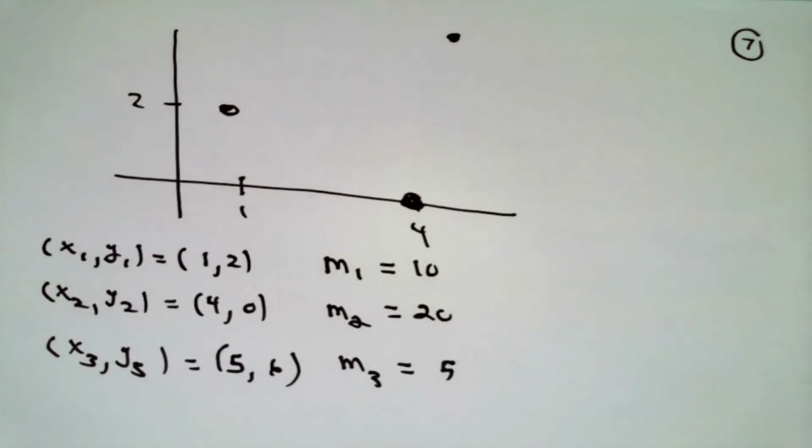The mass of object number 2 is 20 units of mass. x3, y3 is located at 5, 6. x3 is 5, y3 is 6. The mass of the third object is 5 units of mass. I'd like to calculate the center of mass of this two-dimensional discrete system.